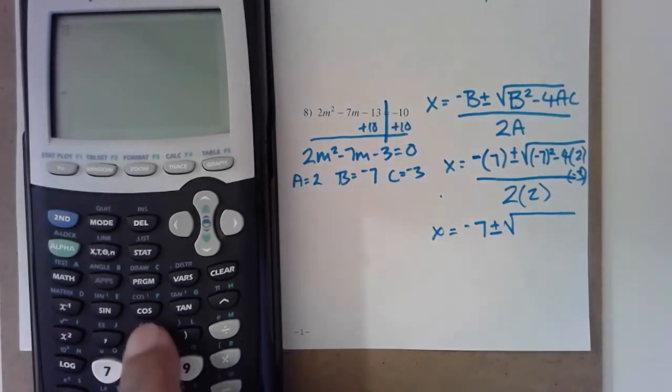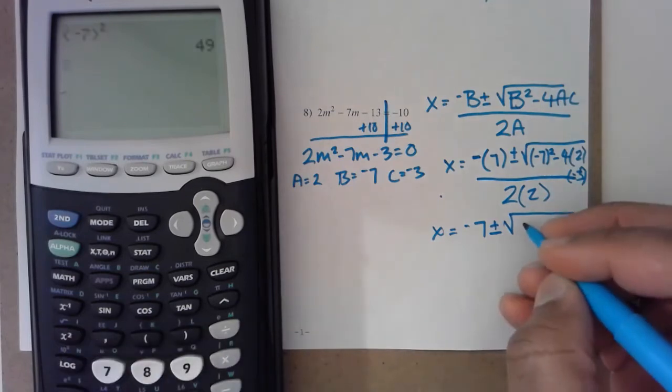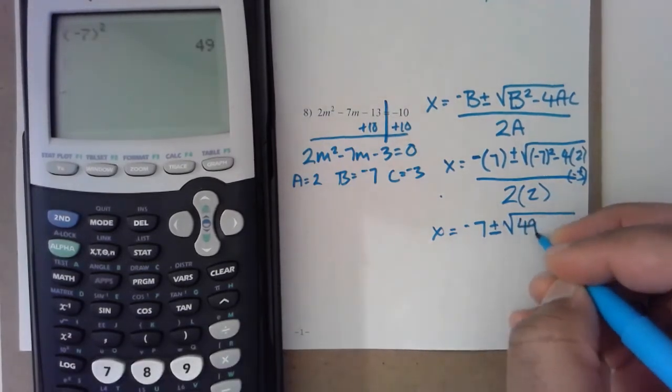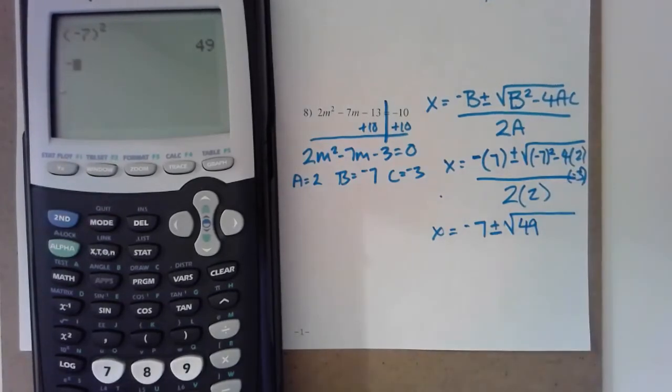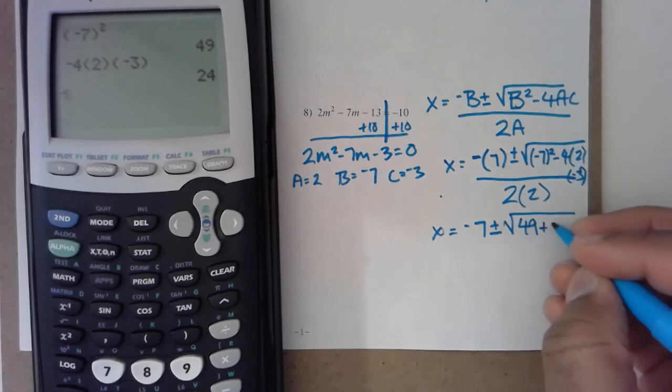So put that in parentheses, -7 squared, and I will get a 49. Great. And then the other part of it, -4 parentheses 2, close that parentheses, I'm going to get -3, and I'm going to end up with a positive 24.